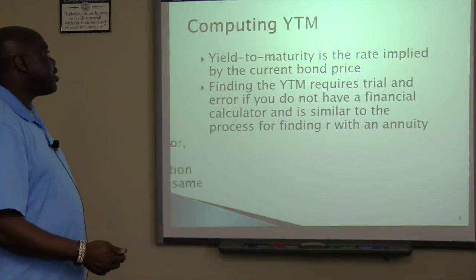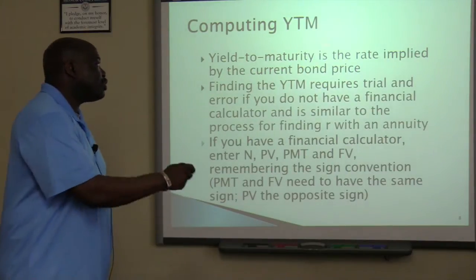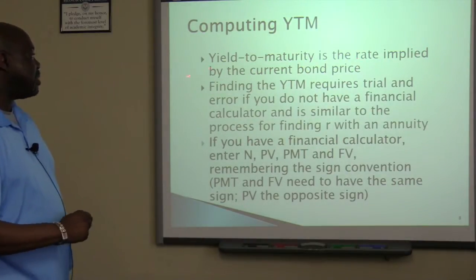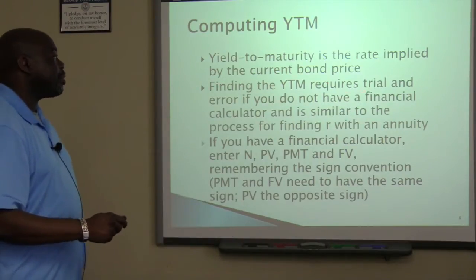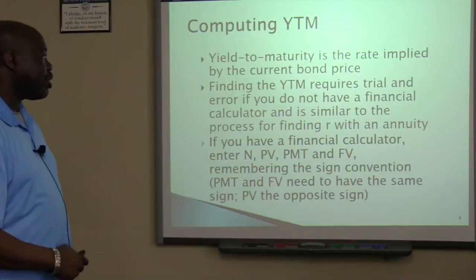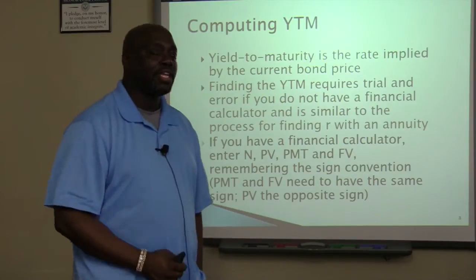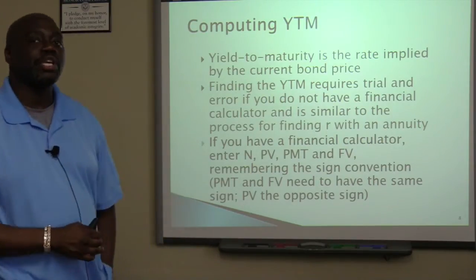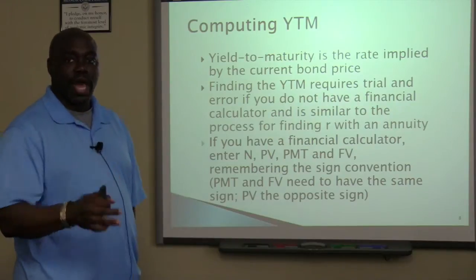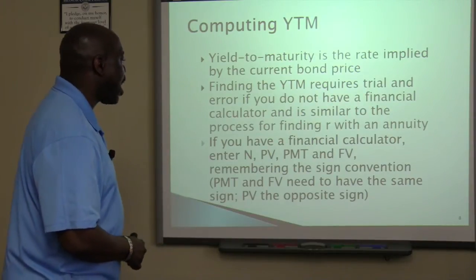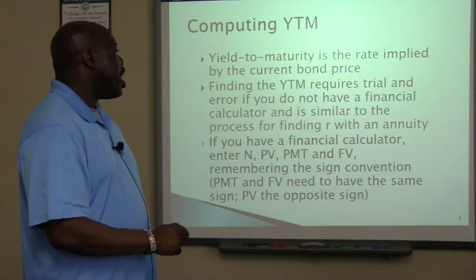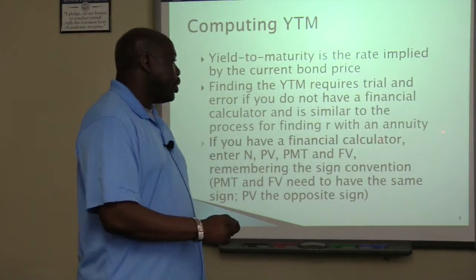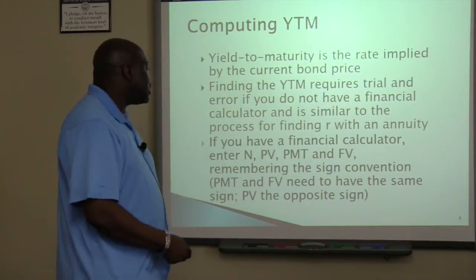Okay. Calculating yield to maturity. Yield to maturity is the rate implied by the current bond price. Finding the yield to maturity requires trial and error if you do not have a financial calculator. It is very simple with a financial calculator, just like we just did on previous problems. It is similar to the process of finding the required rate of return on an annuity, which we did in previous chapters.